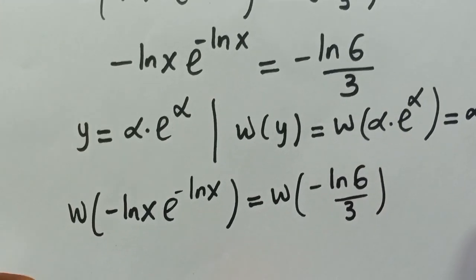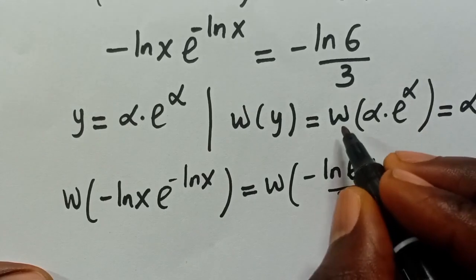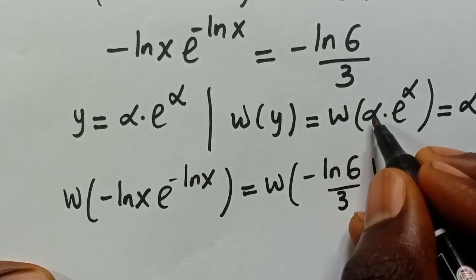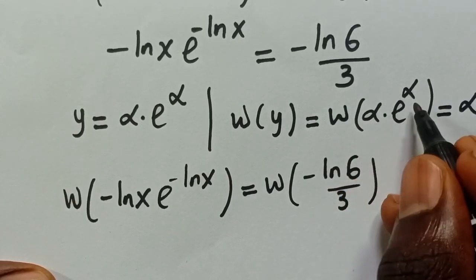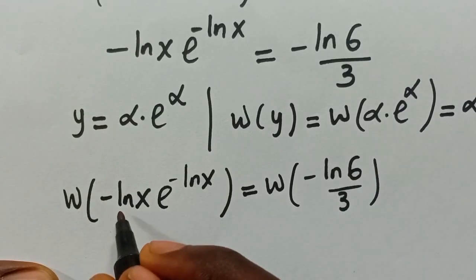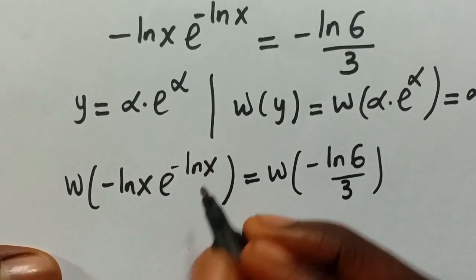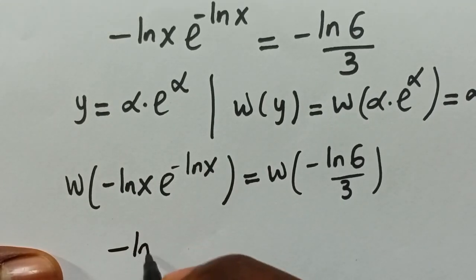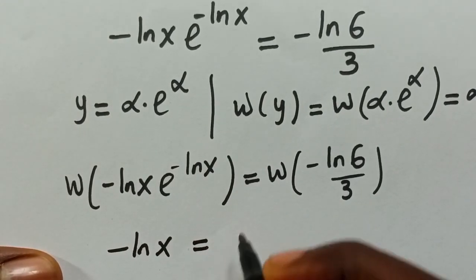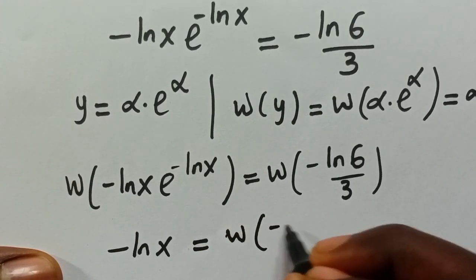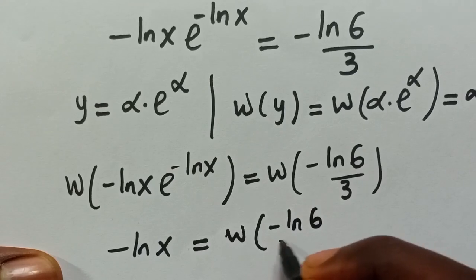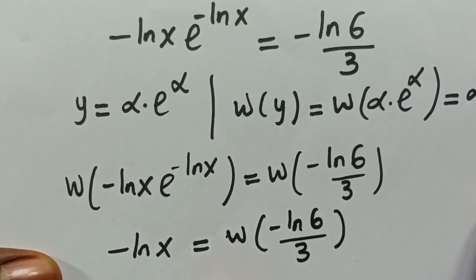So by applying the expression of the W Lambert function, here is alpha, here is also alpha, meaning that the base and the power are the same. So check here, the base and the power are the same. So definitely here will be minus ln of x equals the W Lambert function of minus ln of 6 divided by 3.